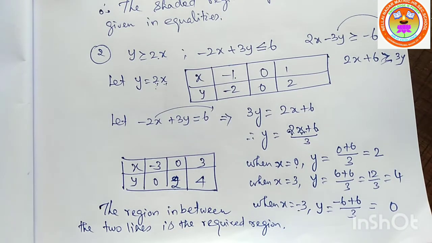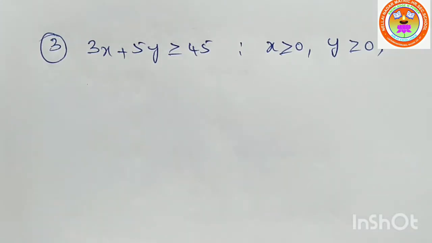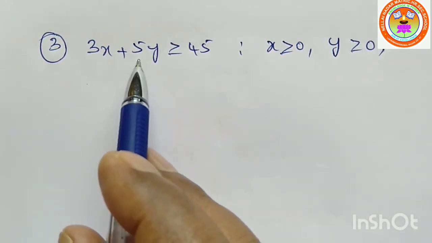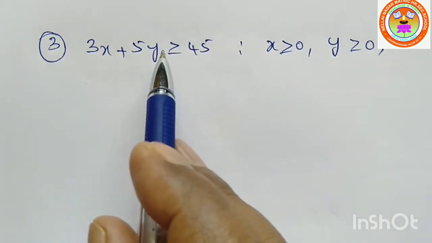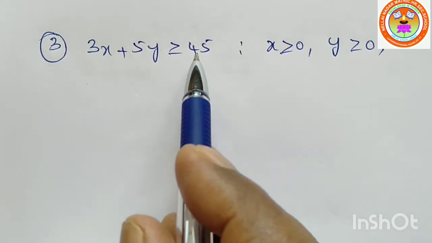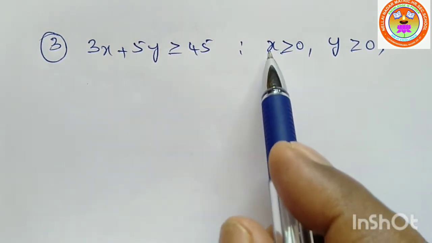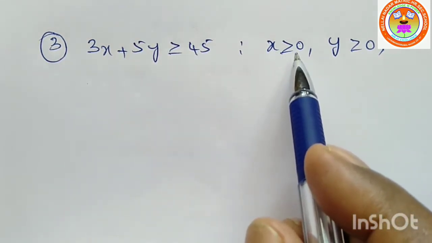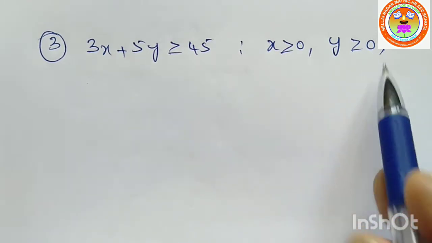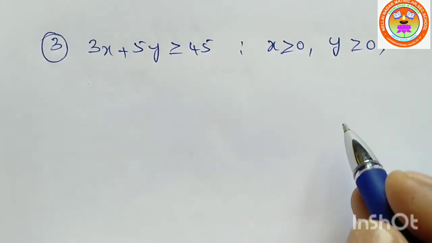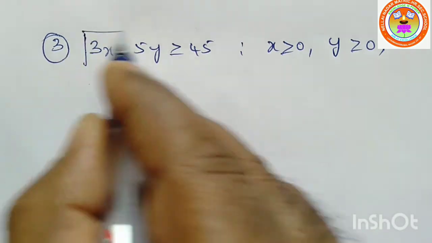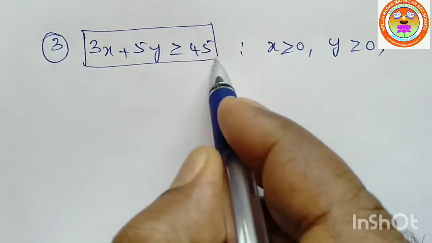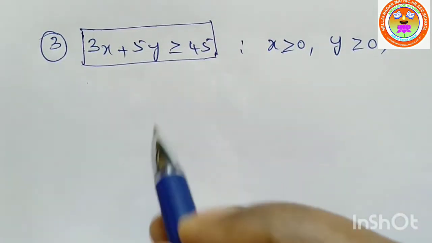Now we can move on to the third question. See question number 3. 3x plus 5y is greater than or equal to 45 and x is greater than or equal to 0 and y is greater than or equal to 0. So first we are going to draw the line to represent the inequality.